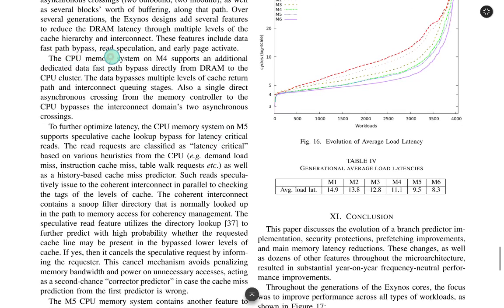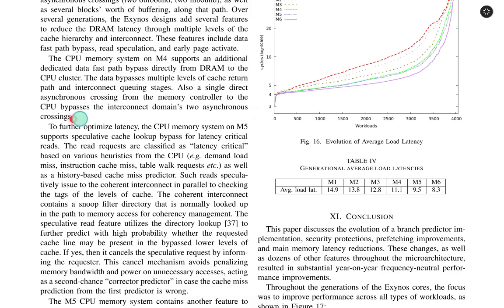The CPU memory system on M4 supports an additional dedicated data fast path bypass directly from DRAM to the CPU cluster. The data bypasses multiple levels of cache return path and interconnect queuing stages. Also, a single direct asynchronous crossing from the memory controller to the CPU bypasses the interconnect domain's two asynchronous crossings.